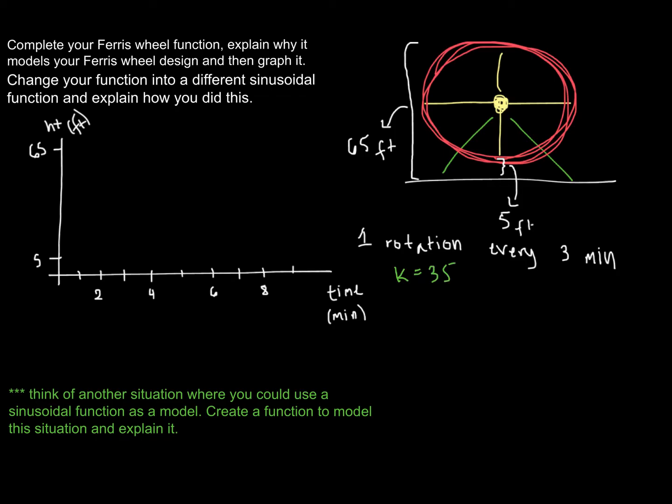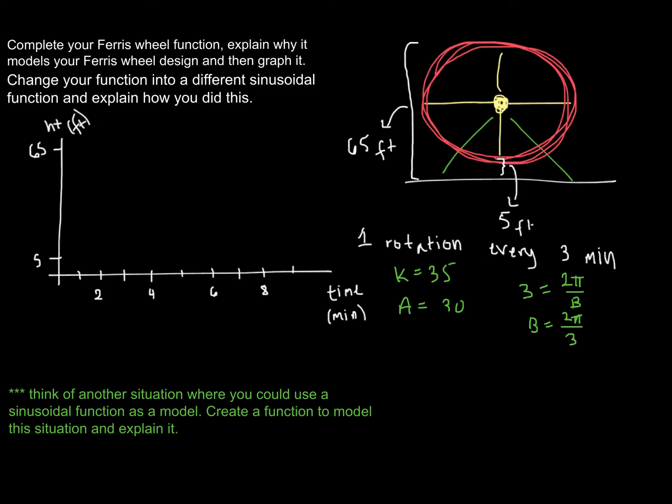I also know that the amplitude is the distance from the midline to my maximum, which is going to be 30. I know that the b parameter is going to be related to the period, and so my period is 3 minutes, and so 3 is going to be equal to 2 pi over b. And if I solve that, I get that b is equal to 2 pi over 3.